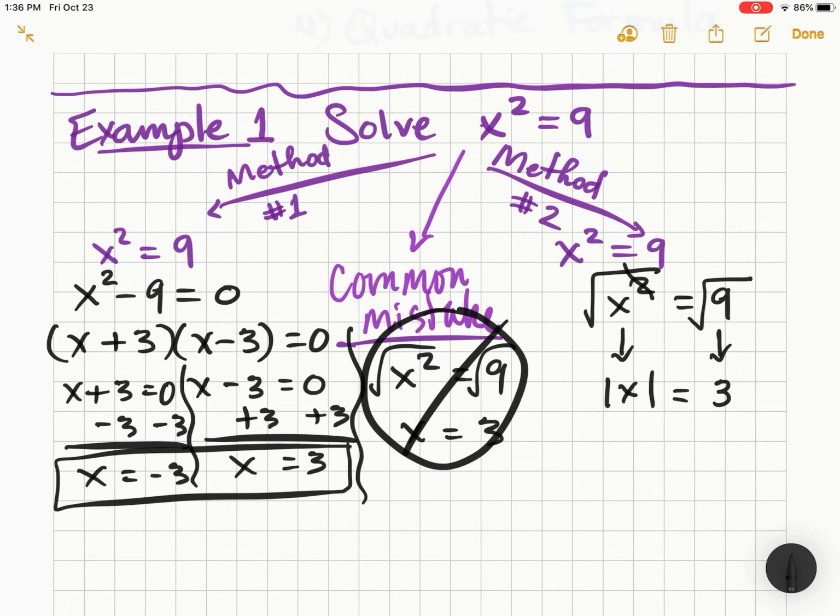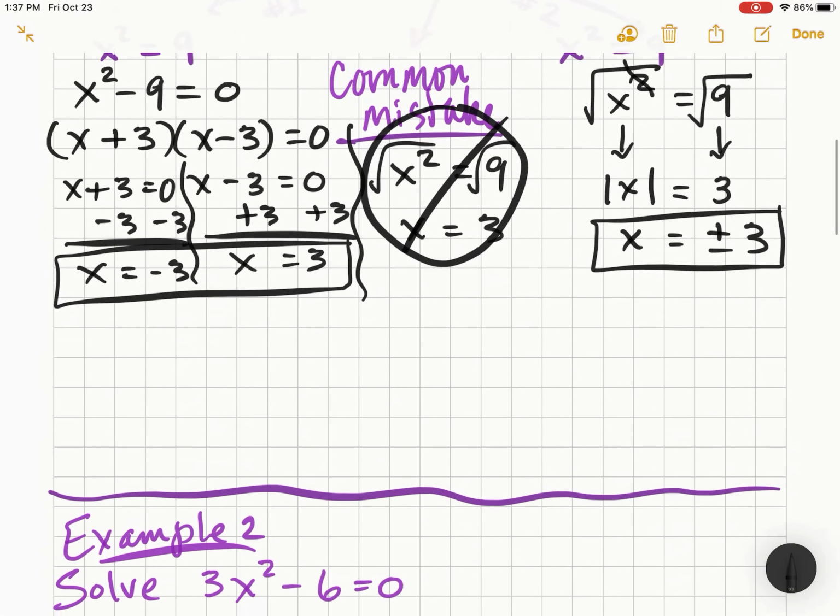So now from algebra, we remember that when you remove the bars, the other side becomes plus or minus. So this indeed is a way for us to get our plus or minus 3. We want to get both of those answers.